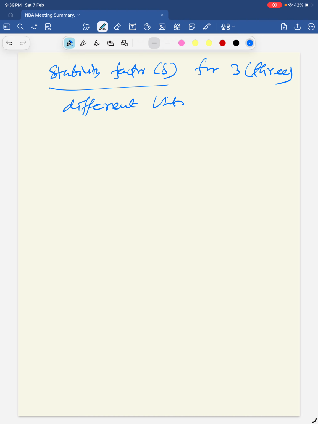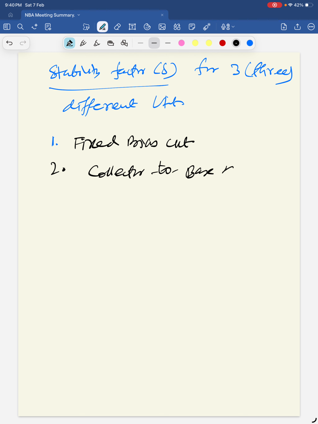circuit configurations. First one is fixed bias circuit. Second one is collector to base bias circuit.